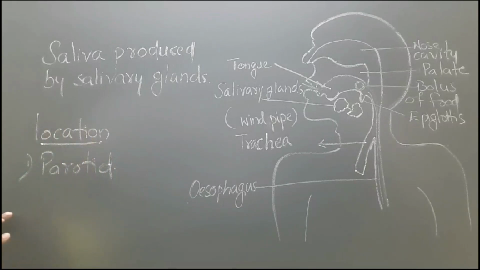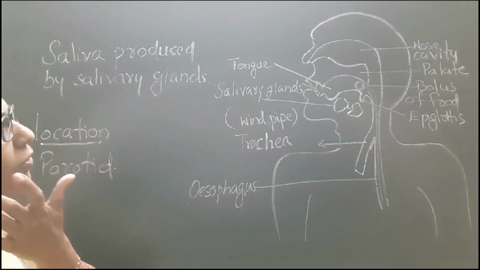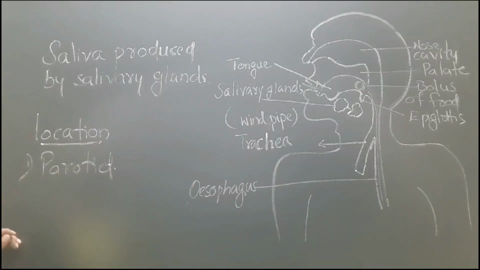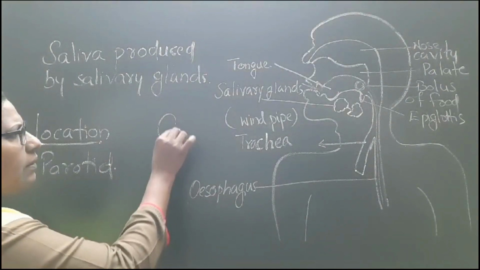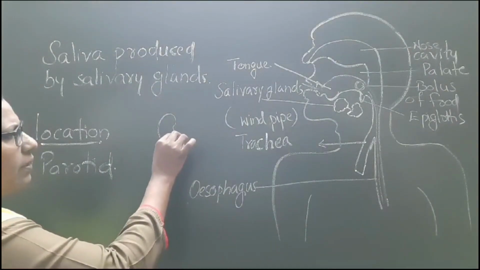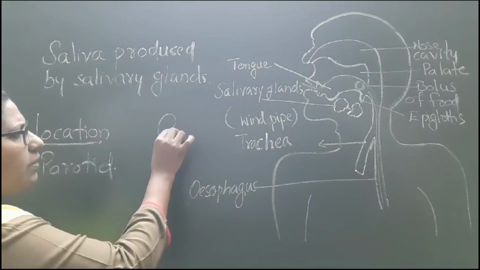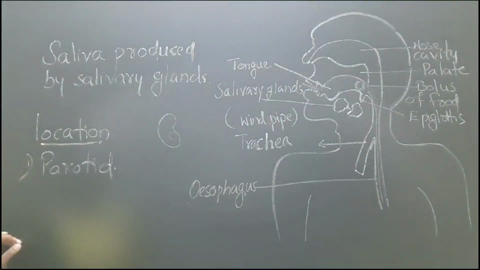These salivary glands are just in front of the ear. Somewhat like this it looks, the ear.